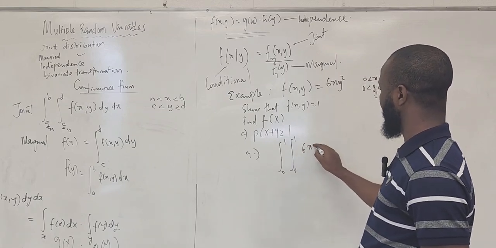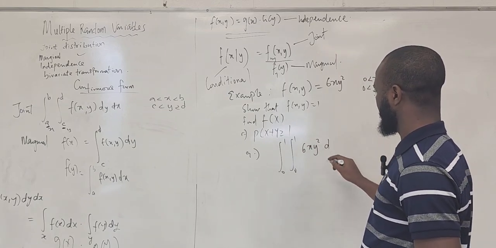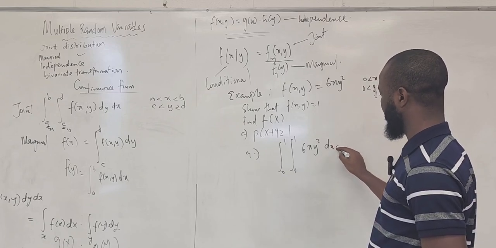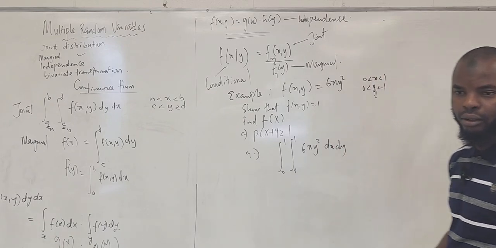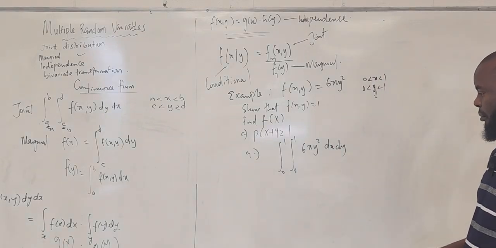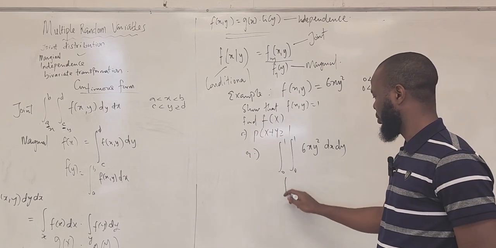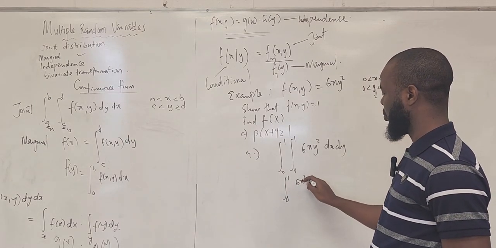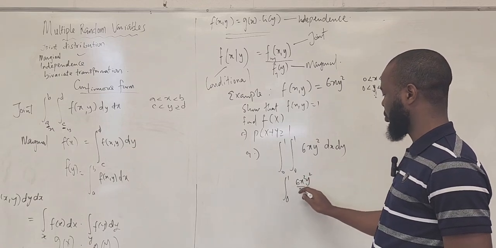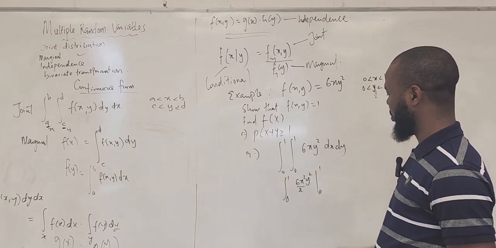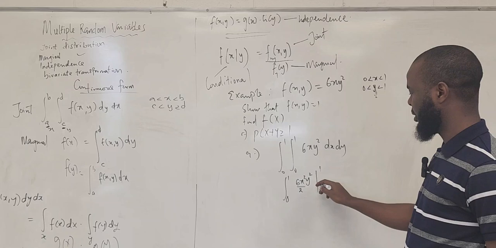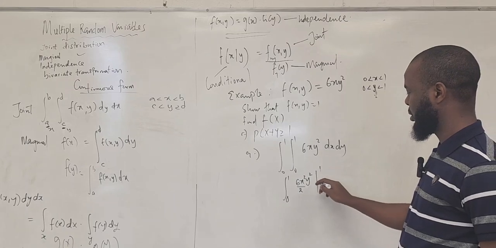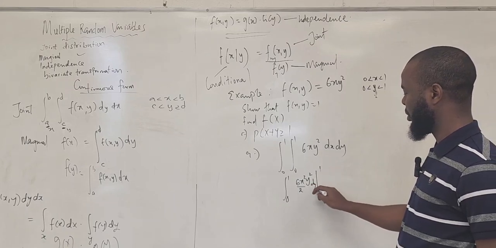You have 6xy squared. Either way, it's still going to be the same. So for the first one, this is going to be 6x squared y squared over 2, from 0 to 1. You still have your dy.